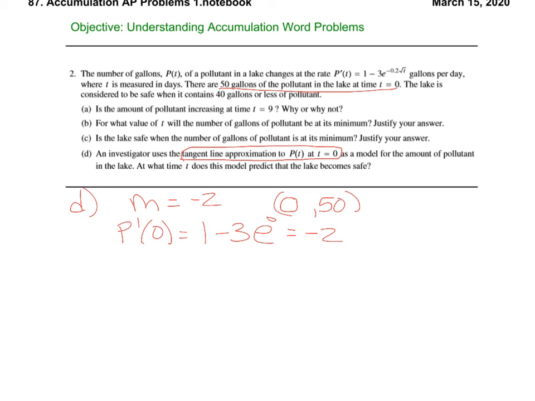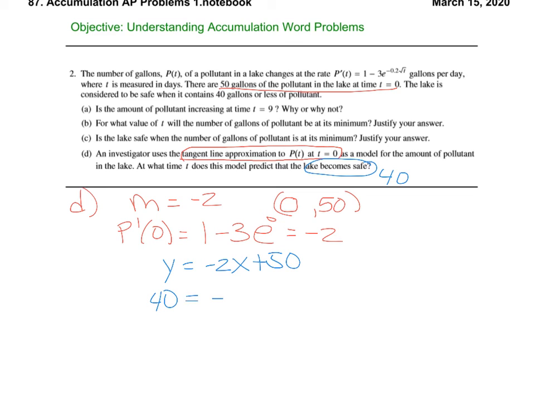They want to know, when will the lake be safe? So when will the pollutant be what? At what time will the pollutant be safe? That's that 40 again. So we're going to set our tangent line equal to 40. I never actually wrote my tangent line. Y equals negative 2x plus 50 is my tangent line. We're setting that equal to 40.